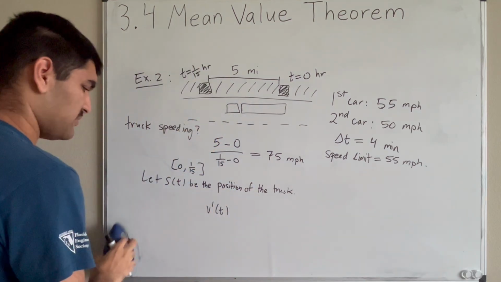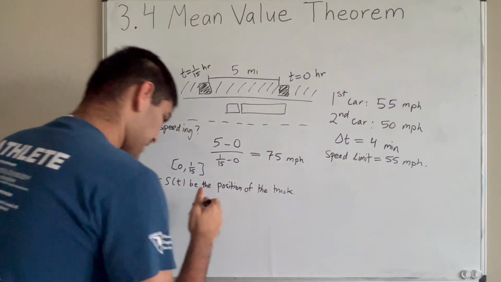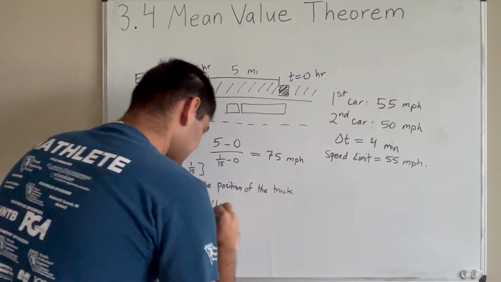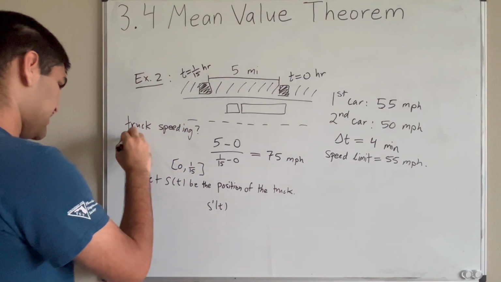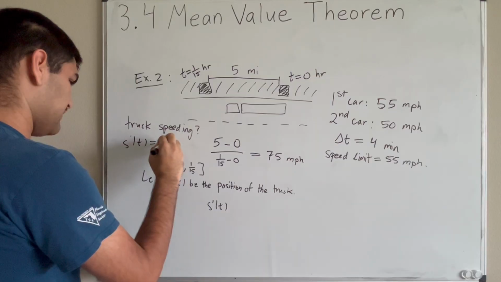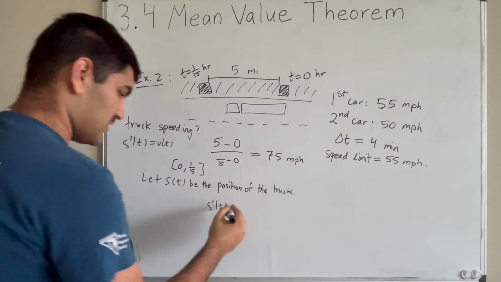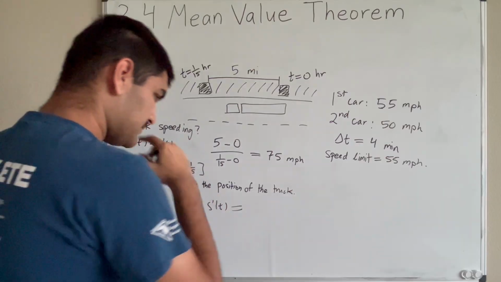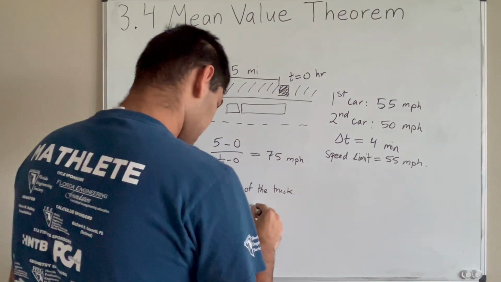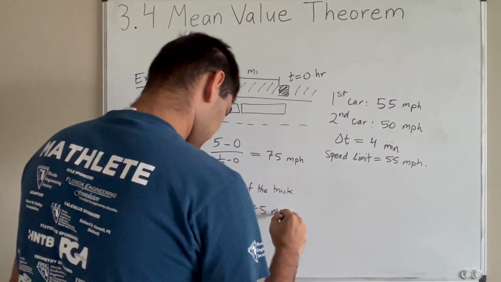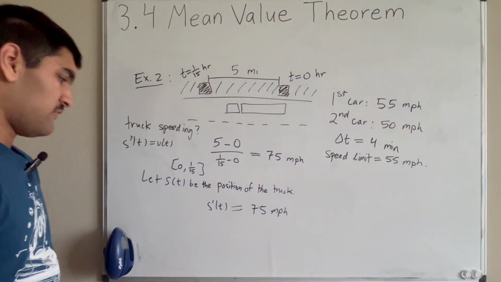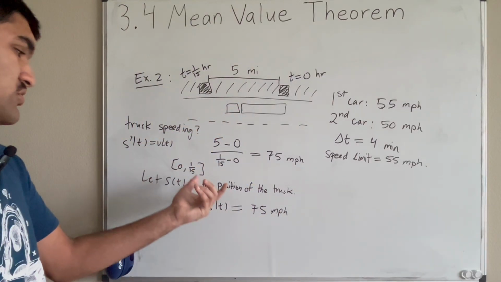So let s of t be the position of the truck. Then s prime of t is the instantaneous velocity, right? We just discussed that s prime of t is equal to v of t, the instantaneous velocity. So s prime of t, the instantaneous velocity, is equal to the average velocity, which is 75 miles per hour, for some time t in our interval 0 to 1/15.